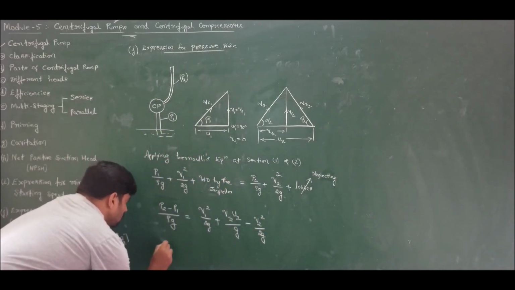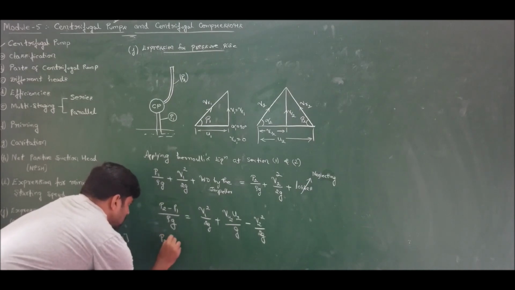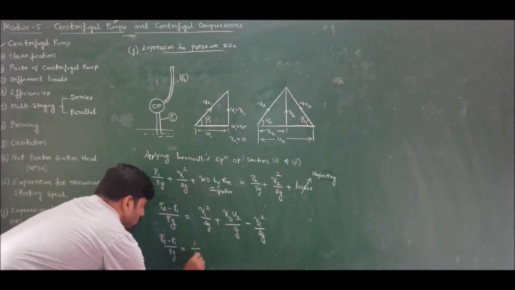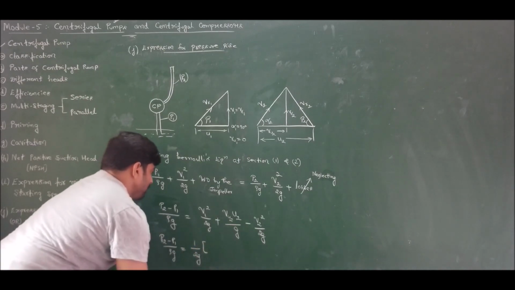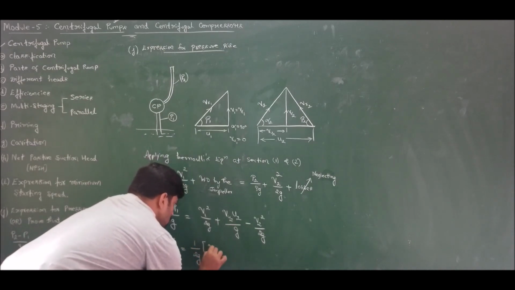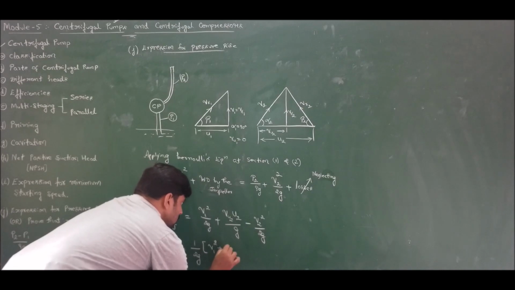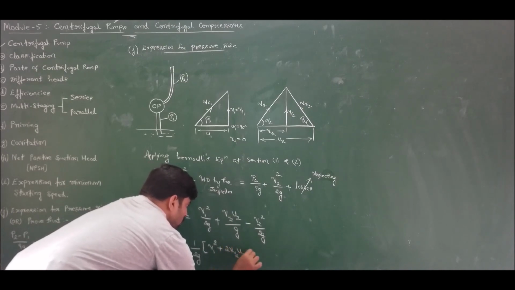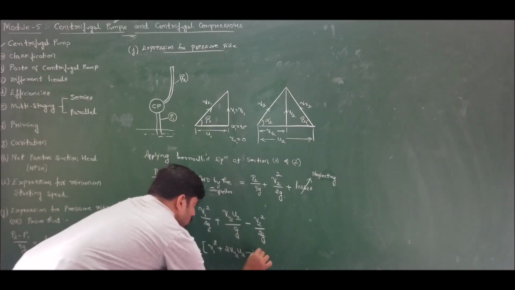So therefore, further simplification gives us P2 minus P1 by rho g is equal to 1 by 2g into V1 square plus 2 times Vu2 U2 minus V2 square.